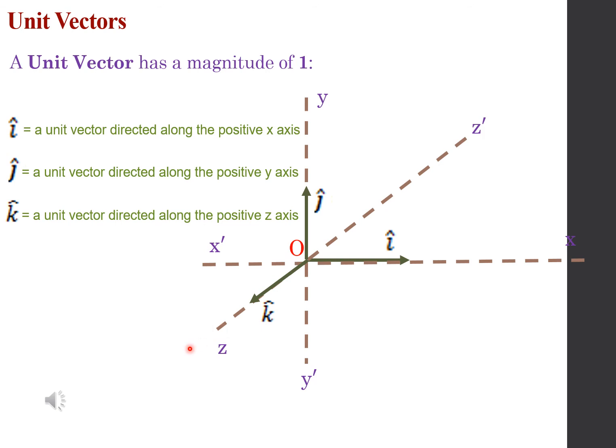Unit vectors do not change the magnitude or dimensions of vector quantities, but only tell the direction of these vector quantities.